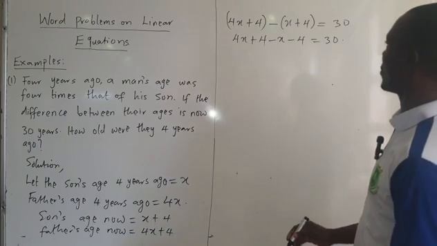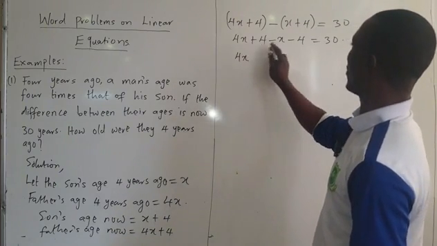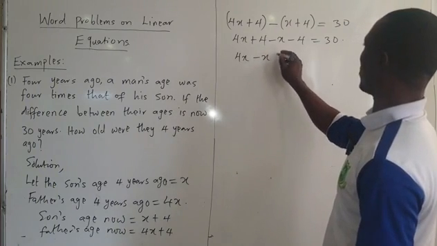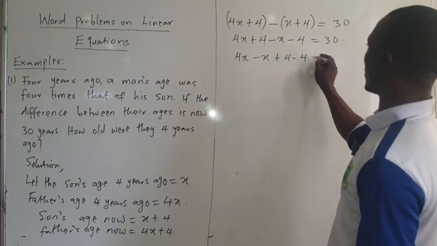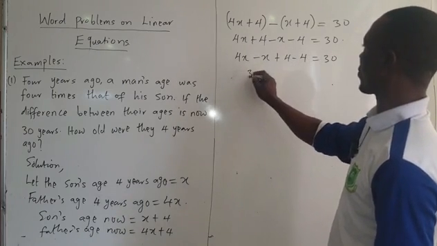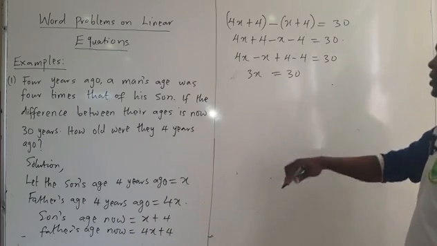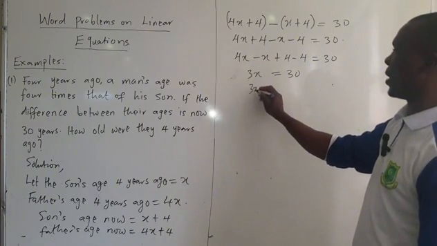So we are going to have 4x minus x, then plus 4 minus 4 equals 30. So we have 3x equals 30, because 4 minus 4 is 0. So you divide both sides by 3.